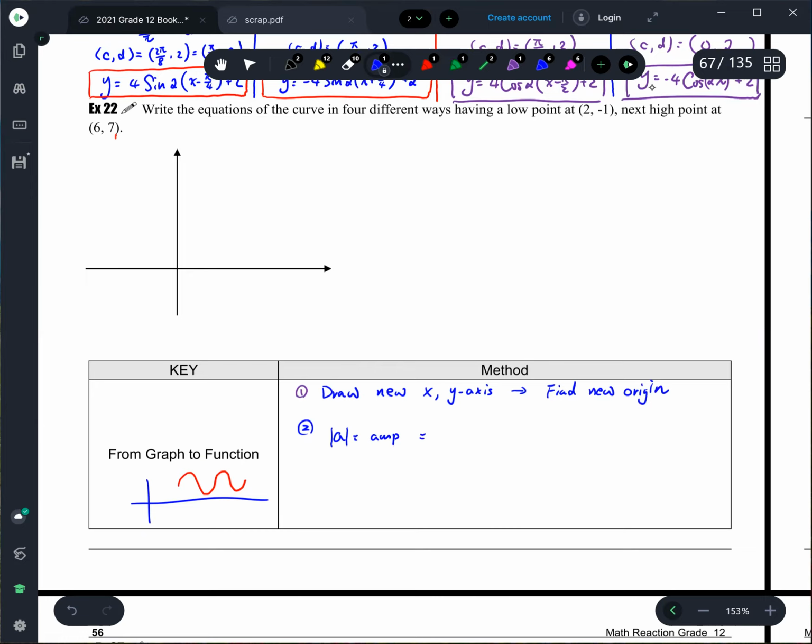You can either count or use the formula. Okay, please copy into the summary box. Formula for B is 2 pi divided by the period. Okay, the period of the graph. And then C and D is the new origin.